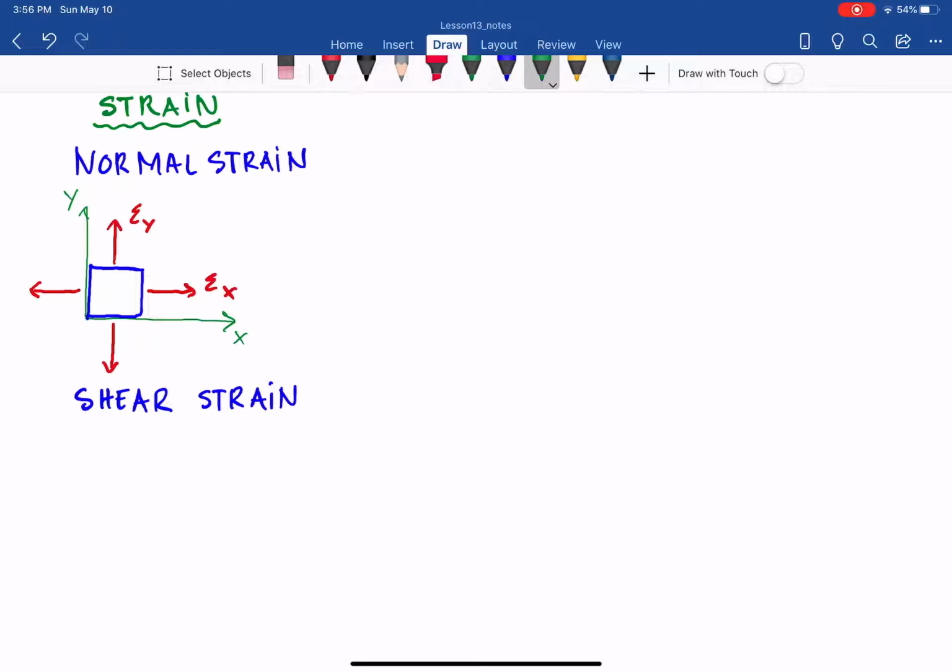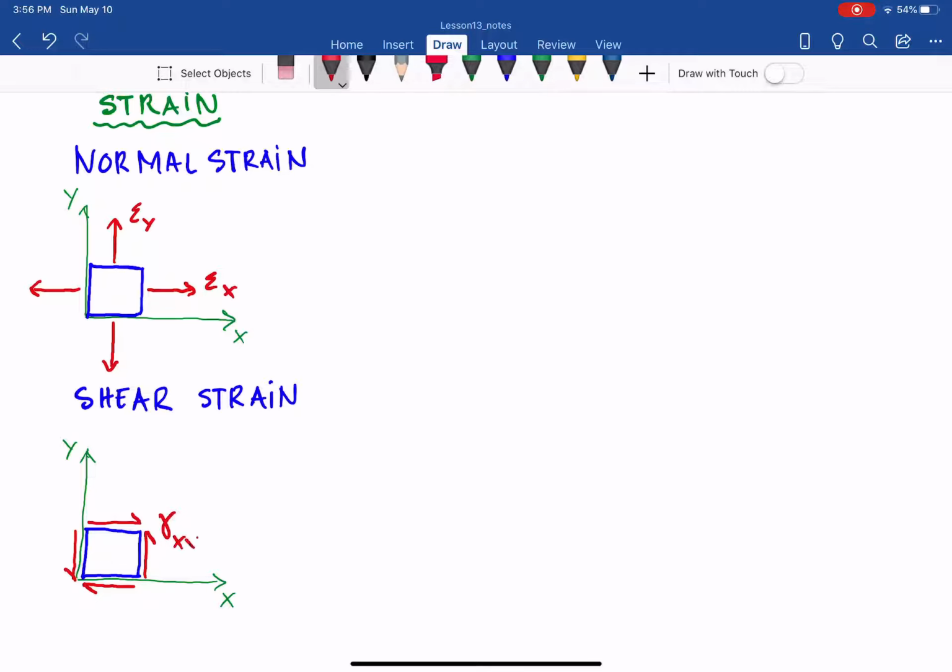So if we have it also in the X and Y direction, if we have a block with angular distortion, then we have the shear strain gamma, gamma in the XY plane. So we have gamma xy, same as tau xy that we were talking about.